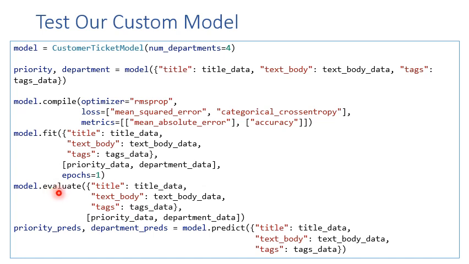And then we evaluate. We pass the three data inputs and the two labels to the fit function, and we evaluate on the test data. And finally, we can use predict to output the final prediction of priority and the department.